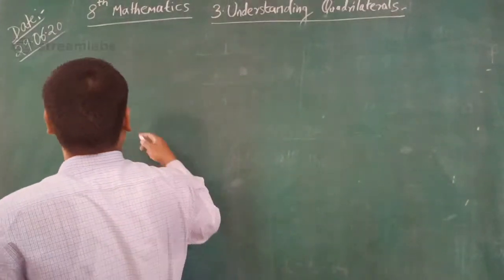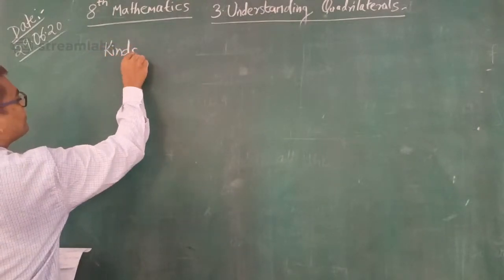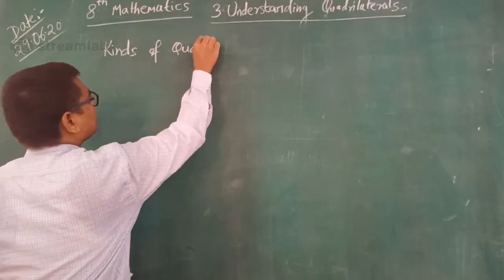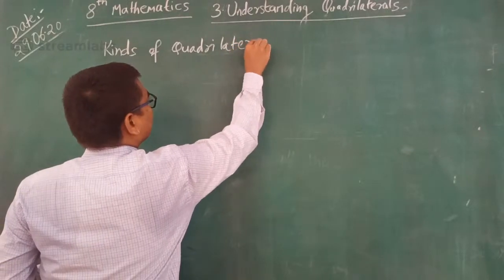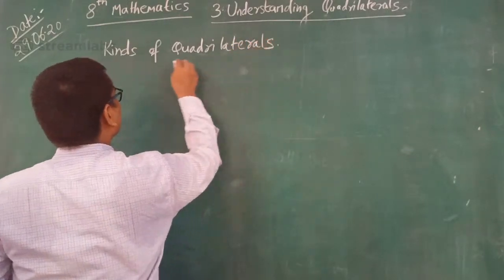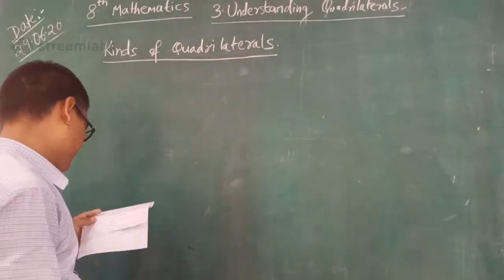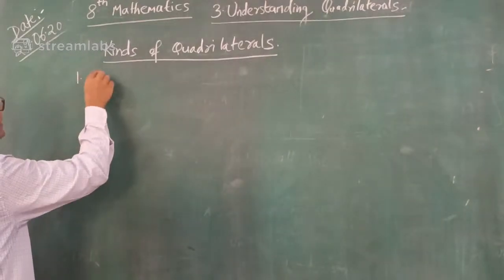Kinds of quadrilaterals. First one, trapezium.